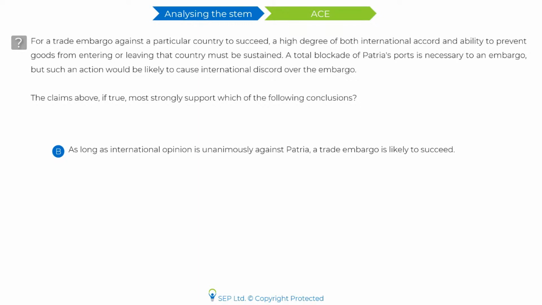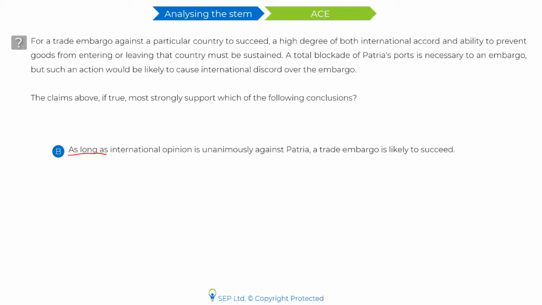Let's move to B. As long as, what is the implication of as long as, guys? Grammar. What is as long as? What does as long as mean? Tell me. If I say as long as you don't eat sugar, you will lose weight.